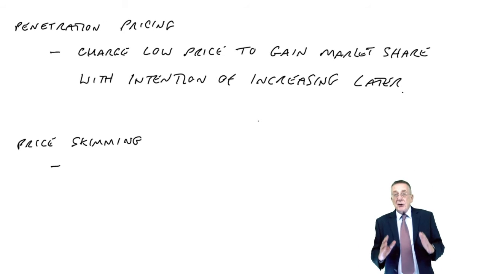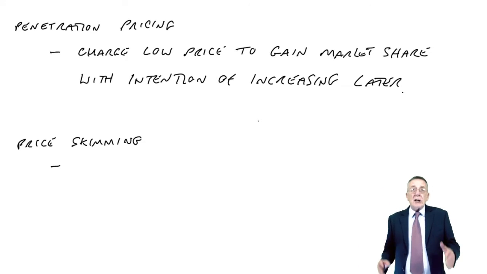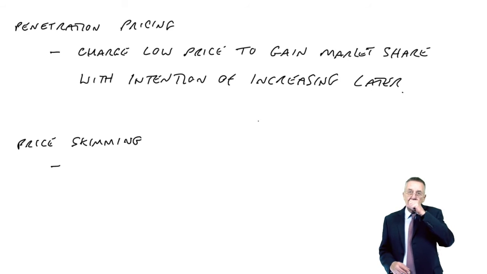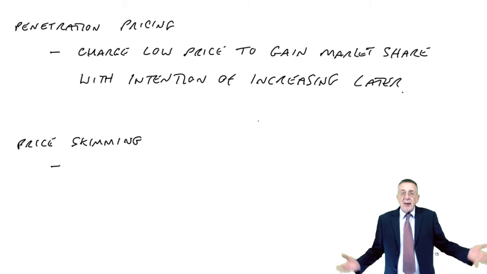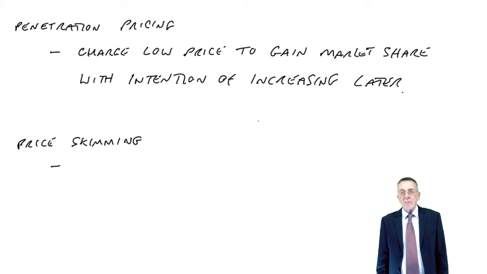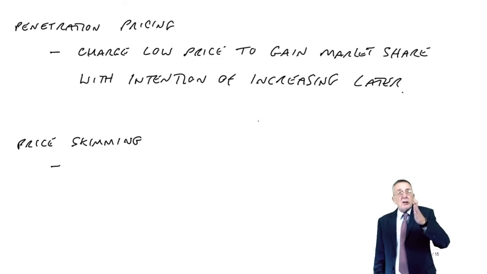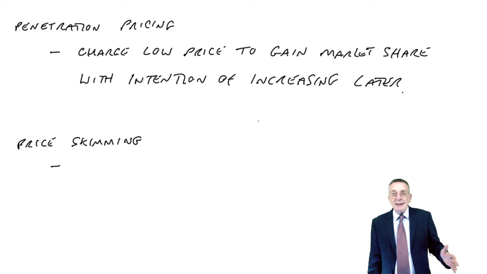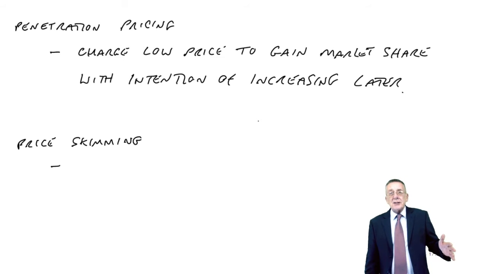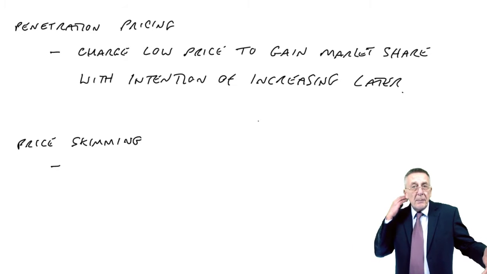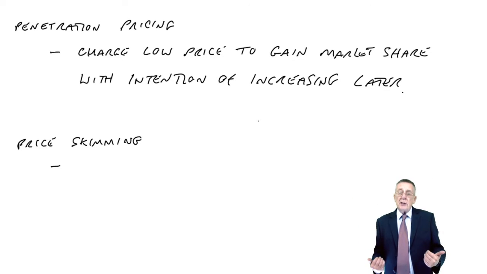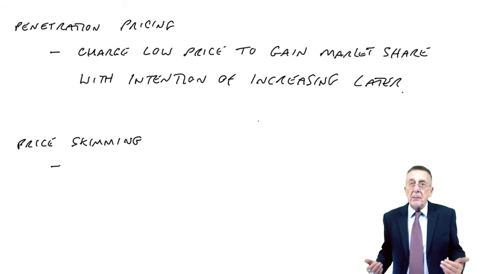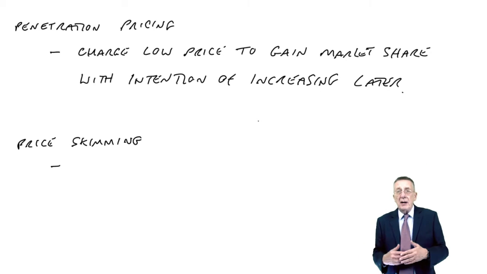The first flat screen TVs were incredibly expensive. $10,000 or more. But gradually over time, the price has fallen. And so although very few people could afford them at the beginning, now they've fallen to a price where most people can afford them and there's a big market for them.